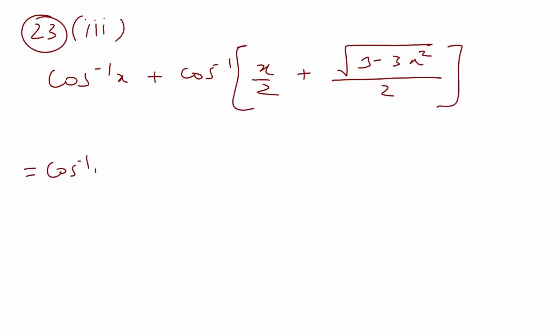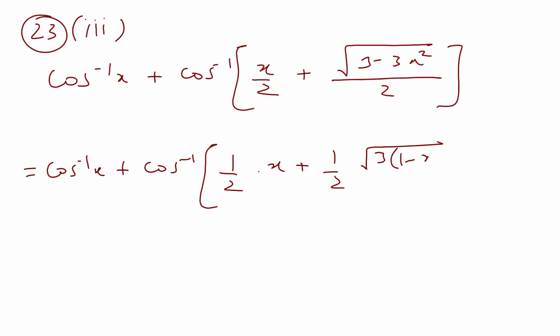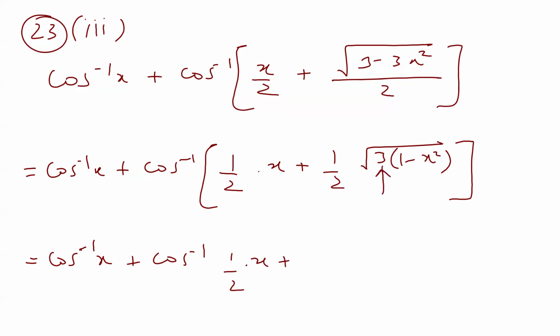So this gives you cos inverse of x plus cos inverse of half into x plus half into, taking root 3 common, root of 1 minus x square. So this is cos inverse of x plus cos inverse of half into x plus root 3 by 2 into root of 1 minus x square.